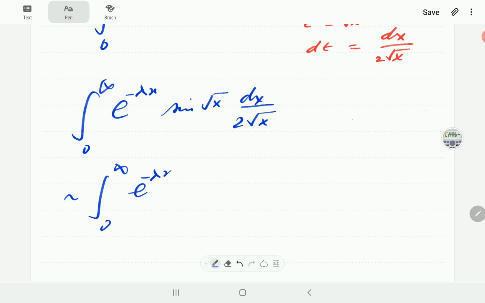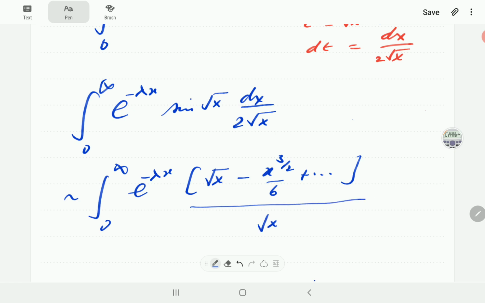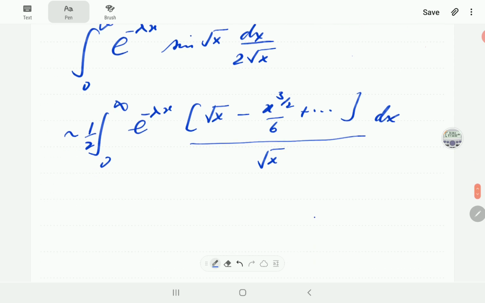So that's going to be square root x minus square root x cubed over 3 factorial, and then many other terms, divided by square root x. We're going to bring the 1/2 this side.